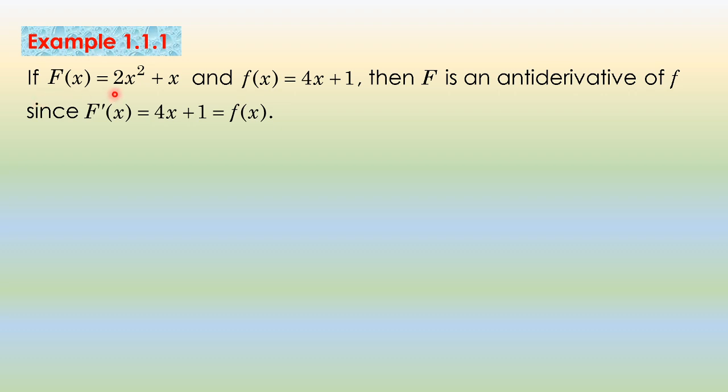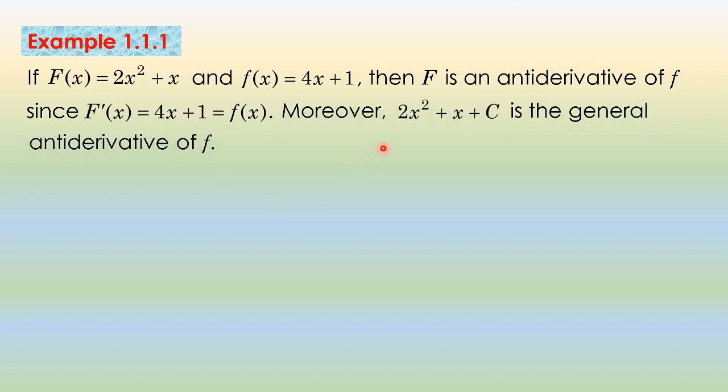If big F of x is equal to 2x squared plus x and small f of x is equal to 4x plus 1, then big F is an antiderivative of small f, since the derivative of big F of x is equal to 4x plus 1, which is also f of x. Moreover, 2x squared plus x plus c is the general antiderivative of f.